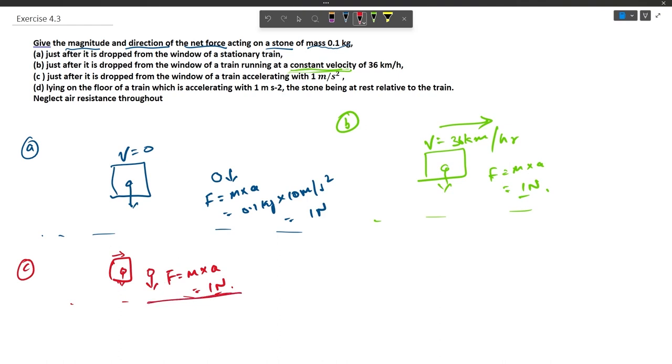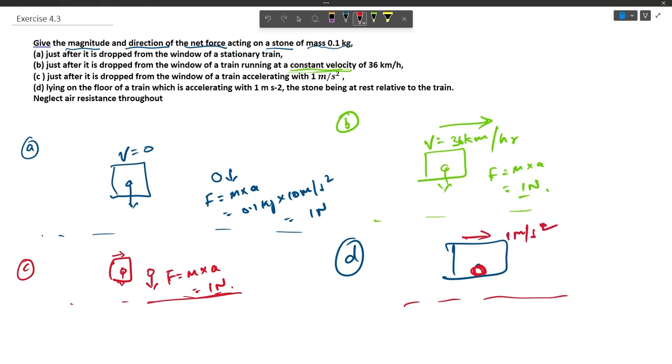Now in the fourth case we have a stone lying on the floor of the train which is accelerating with 1 meter per second square, the stone being at rest relative to the train. Let us assume that the stone is sitting idly here, and the train is accelerating with 1 meter per second square.